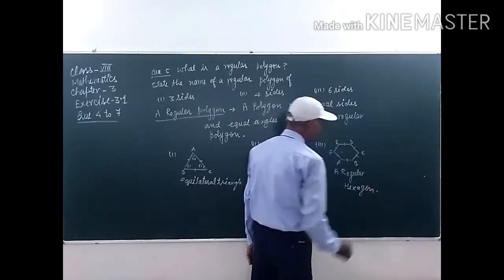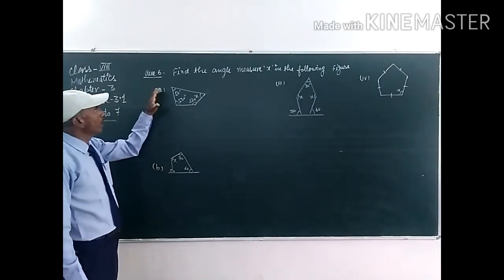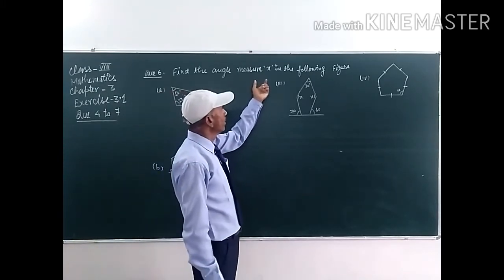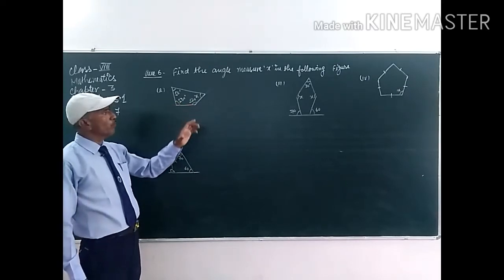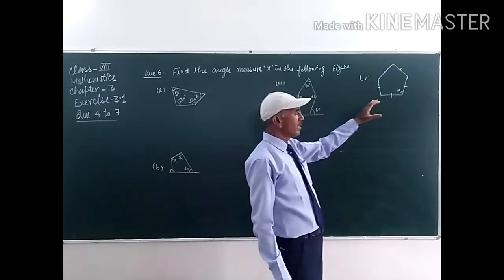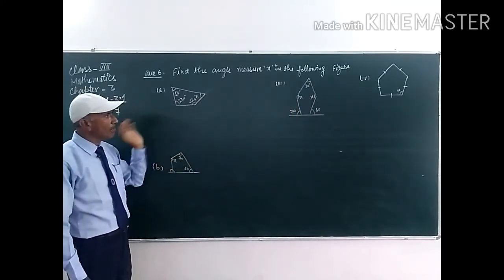This is question number 6, students, and in this question find the angle measured x in the following figures. There are 4 figures and in all figures there is x that we have to find out the value of x.